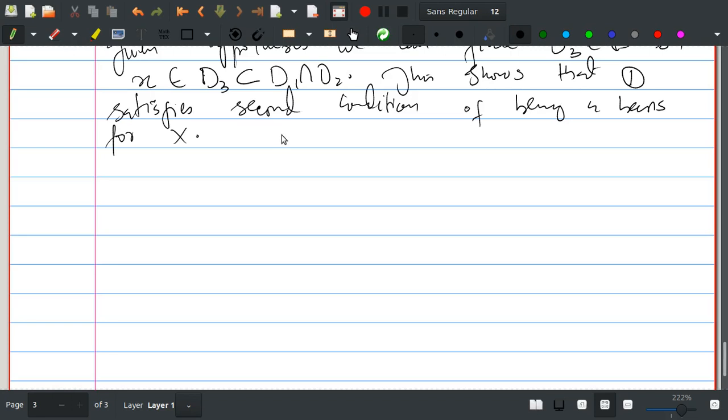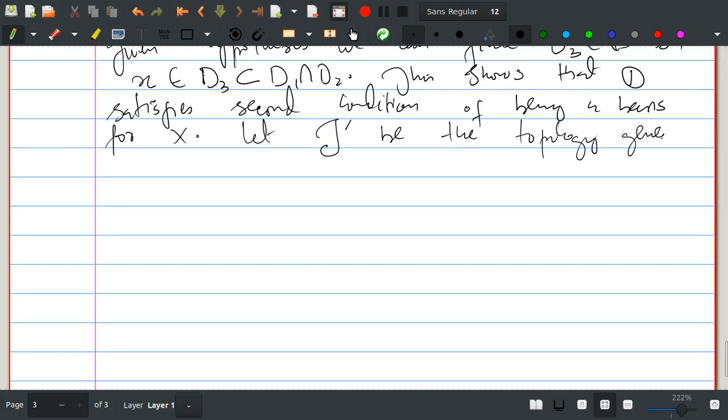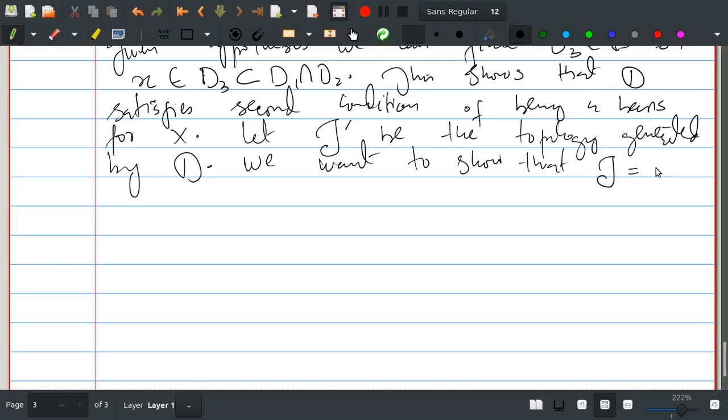So since this D is a basis, let T prime be the topology generated by this D. So we want to show that this T is actually T prime.